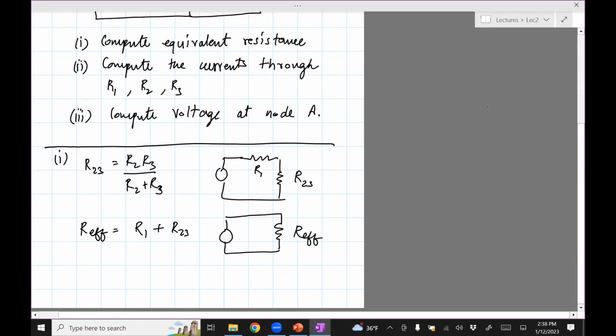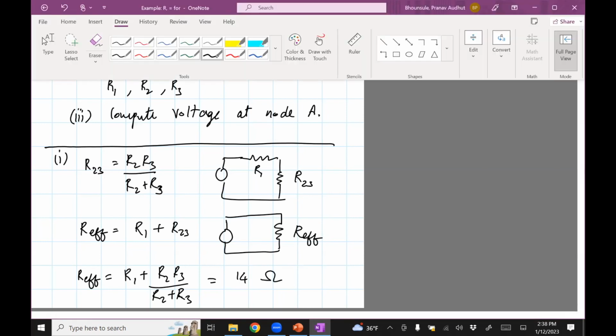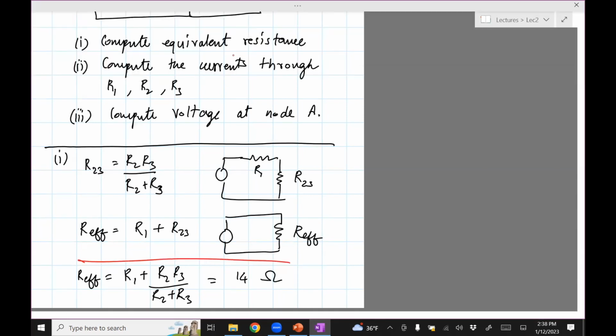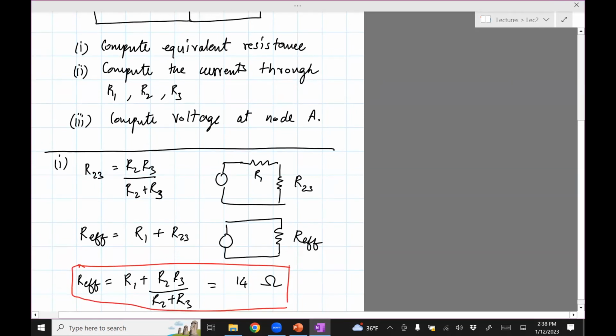If you expand it out, it comes out to be R1 plus R2 R3 divided by R2 plus R3. If you plug in the values for the R's, you get 14 ohms. Okay, so that's part one.